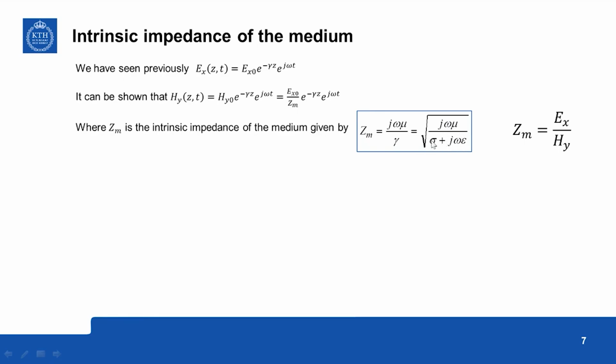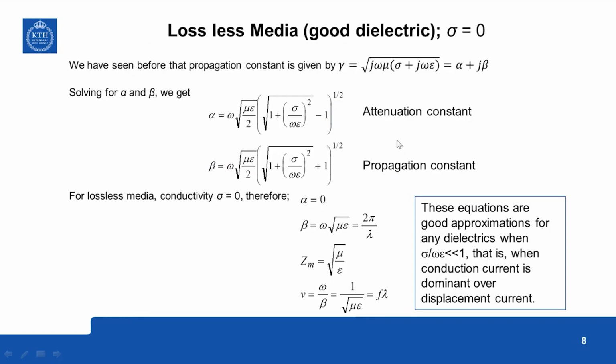There are three basic properties of the medium: one is the conductivity sigma, the electric permittivity epsilon, and the magnetic permeability mu. So from this we get the impedance of the medium. Now let us go to the lossless media, that is a good dielectric, where conductivity equals 0. Previously we have seen the propagation constant gamma, which can be expressed as alpha plus j beta.